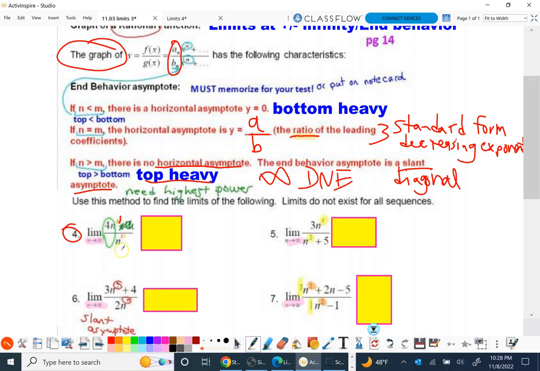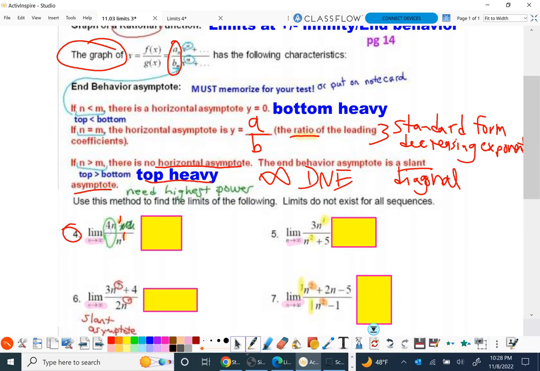And that is divided by n, and I don't see the power either there. So that's 1. Remember, when the degree of the numerator is the same as the degree of the denominator, that's when we do a ratio of the leading coefficients. There is a 4 in front of the n in the numerator. There is no number in front of the n in the denominator, so that's 4 over 1. The limit answer is going to be 4.